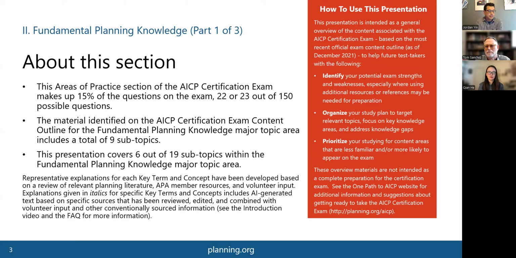So certainly helping to catch the low-hanging fruit and then being able to dig down into things that need a little more attention is something that hopefully you'll get out of this. And there's more information about additional resources and the certification process and membership process on the One Path to AICP website at planning.org.